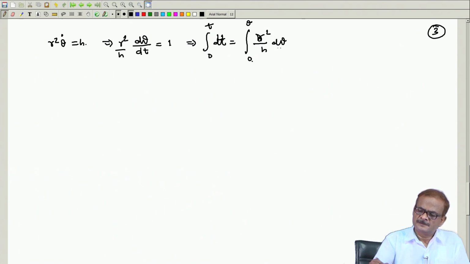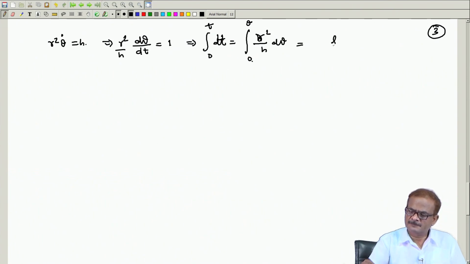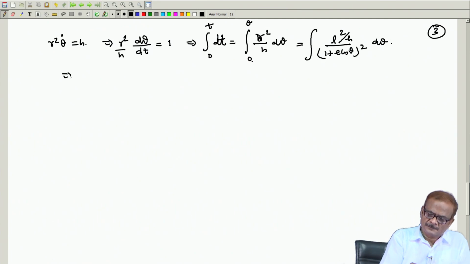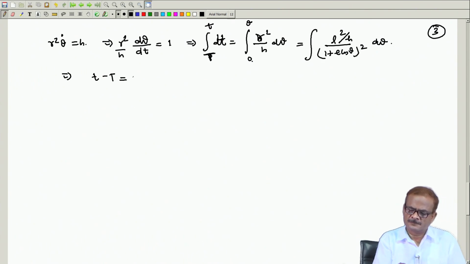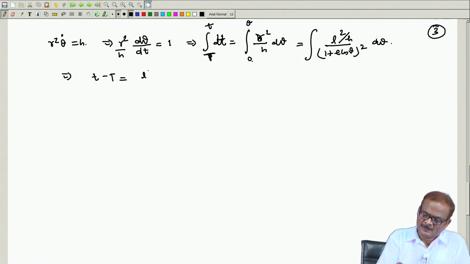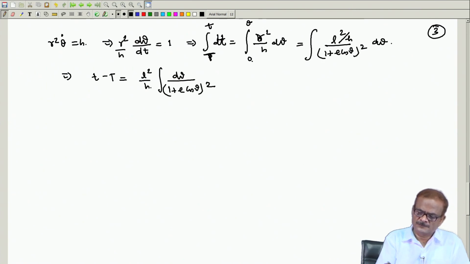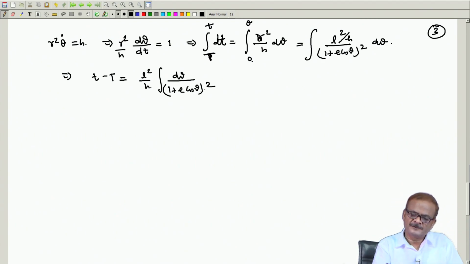For doing this, we replaced r by L by 1 plus e cos theta, this whole square. So we have written this as, if we start from t, the capital T we have written perhaps earlier, this gets reduced to L square divided by h d theta by 1 plus e cos theta whole square, and the issue was integrating this.